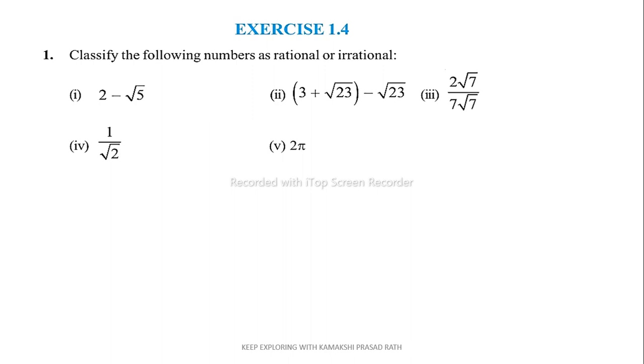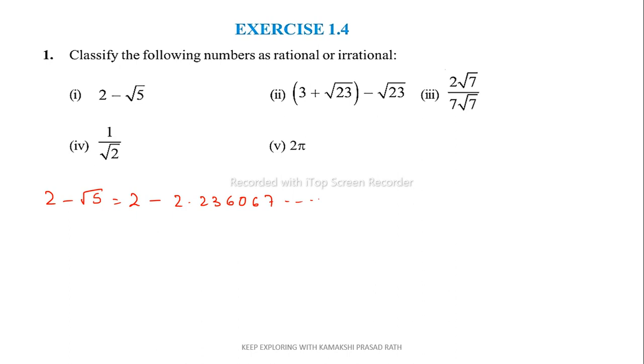See the first one, it's given 2 minus root 5. So we know that the value of root 5 is something like 2.236067 and so on. So we know that root 5 is an irrational number. So the decimal expansion will be non-terminating and non-repeating.